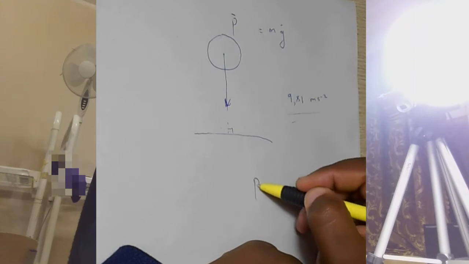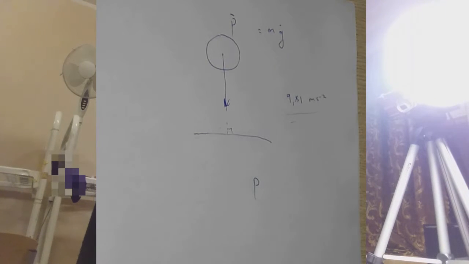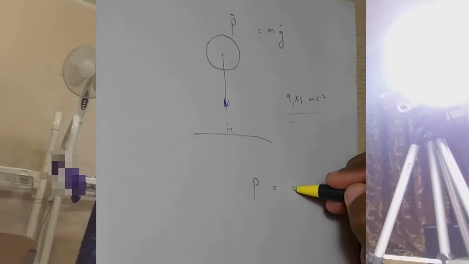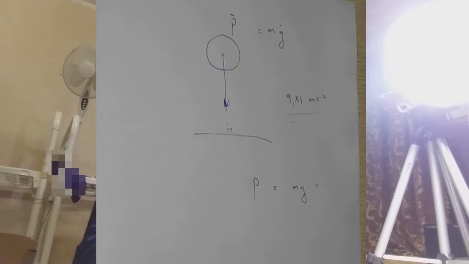And if we write this and remove the vector sign, that dash on top of P, then P equals mg, and this is no longer the force of gravity, it's now the weight of the object.